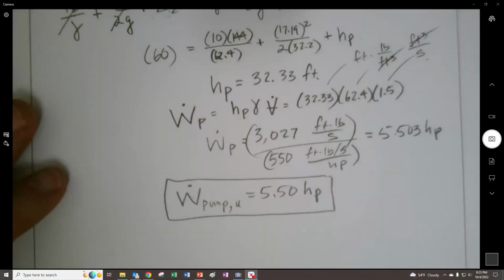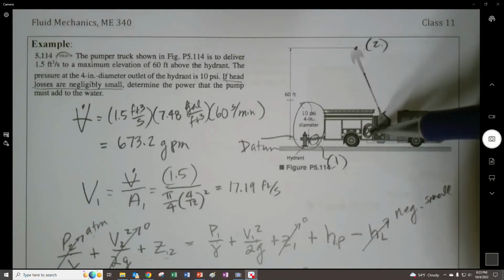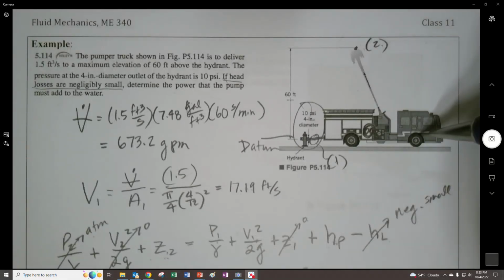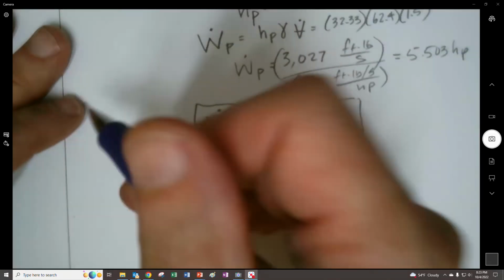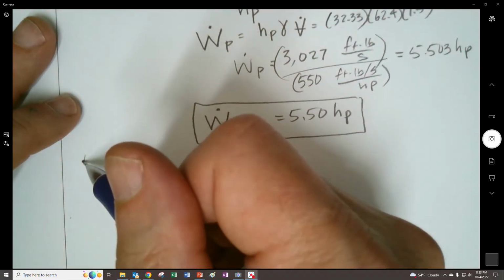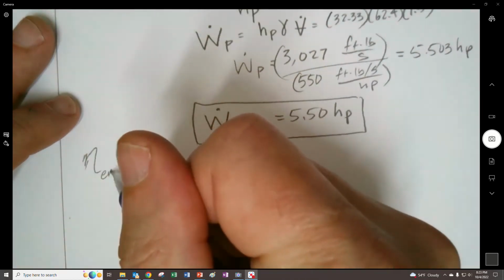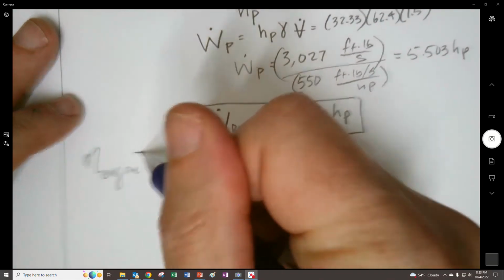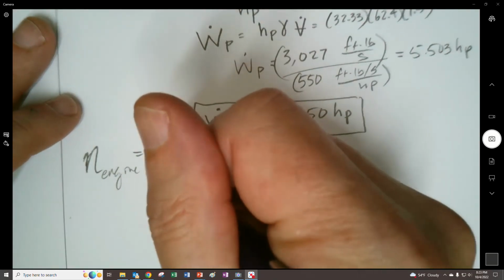But this is the useful work, right? This is the output from this engine. So if you want to say, how much engine power are you taking? Well, most engines aren't going to have an efficiency of more than, say, 60%.